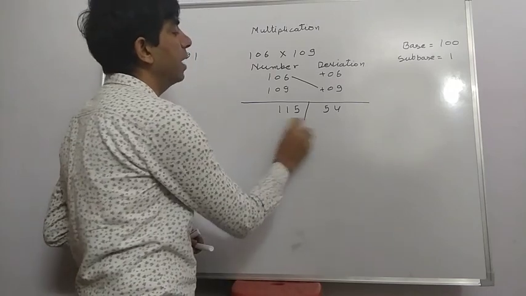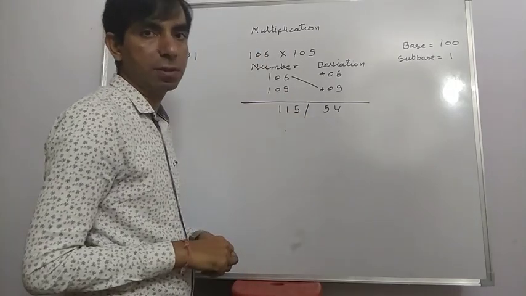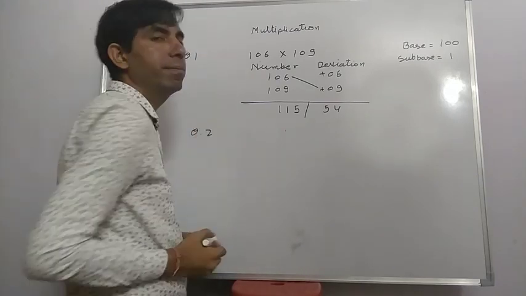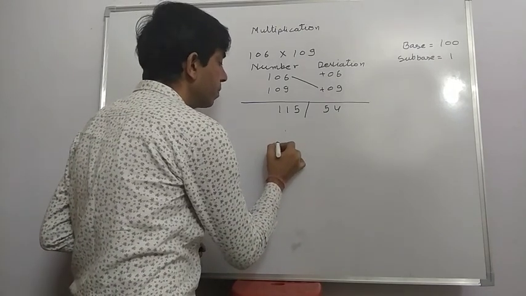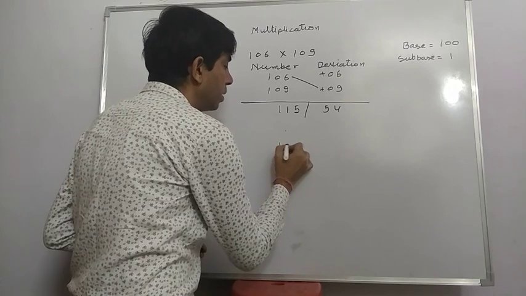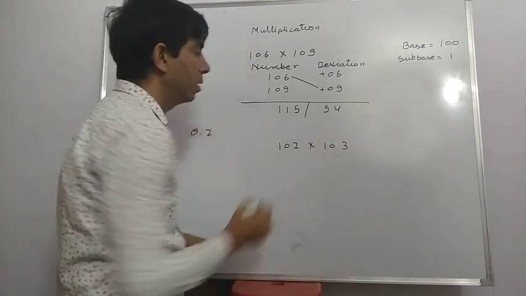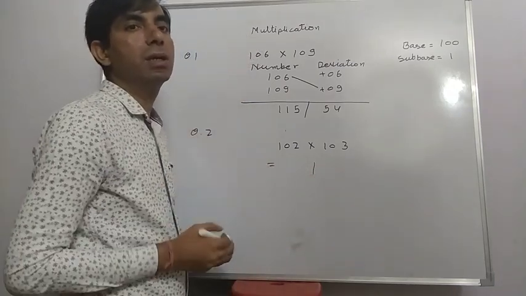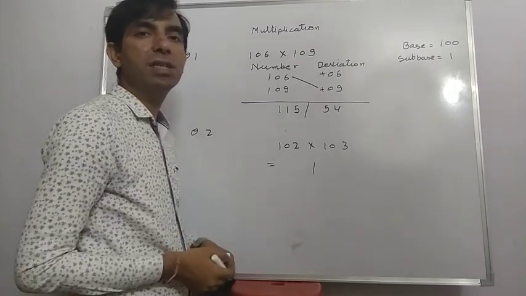Next time we can solve it directly, because we can see the deviations by observation. Just like here, second example: 102 multiplied by 103. Here we find the deviation, which is the difference from the simple number. Here the simple number is also 100, and the subbase is nothing.